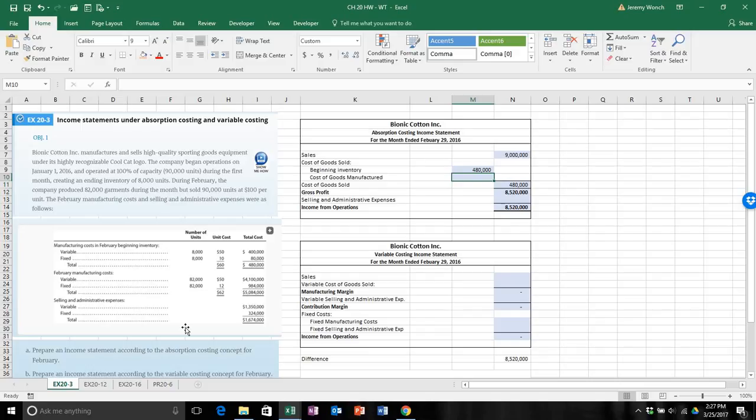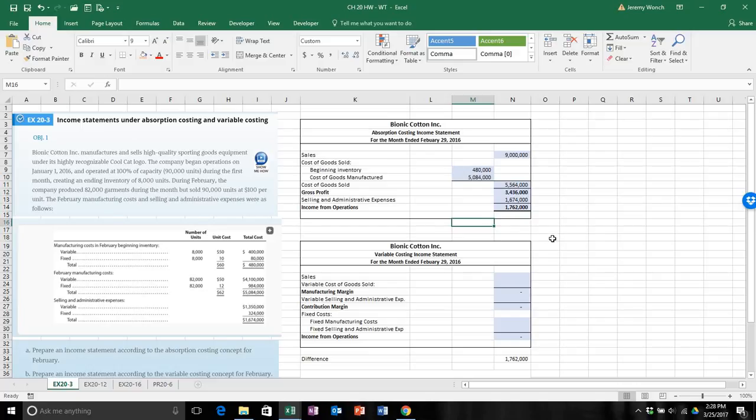Then we also sold everything we manufactured, which was 82,000, at a cost of $62 per unit. We also had both fixed and variable selling and administrative cost of 1.674 million, which is given. So under normal absorption costing, we have income from operations of 1.762 million.